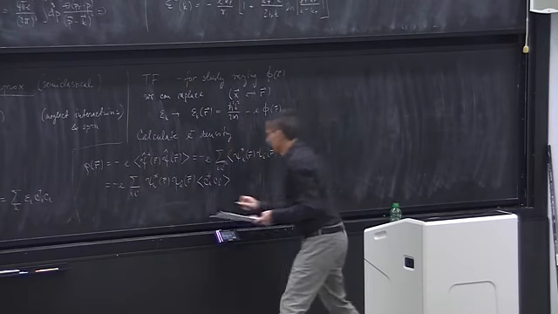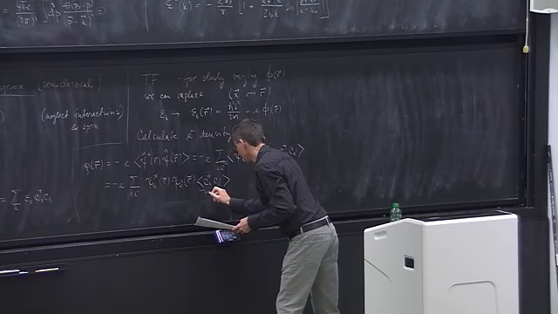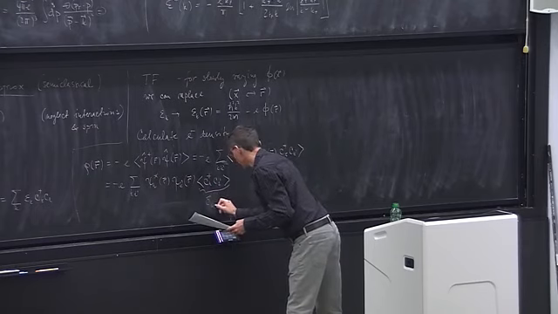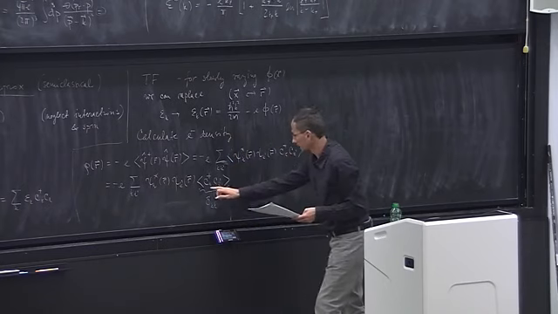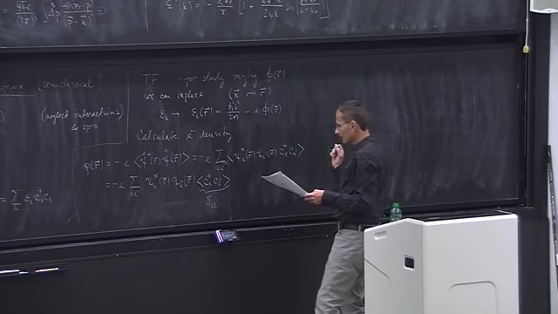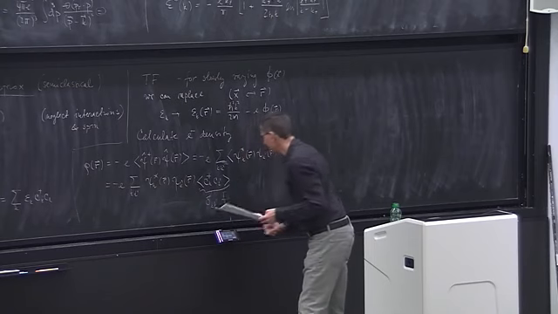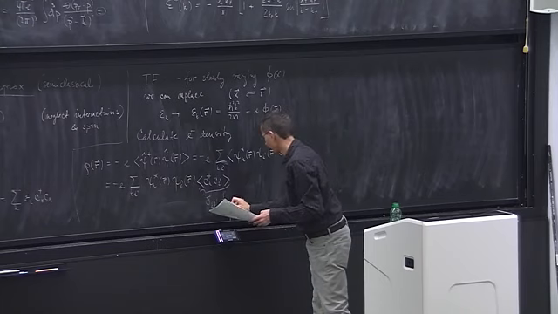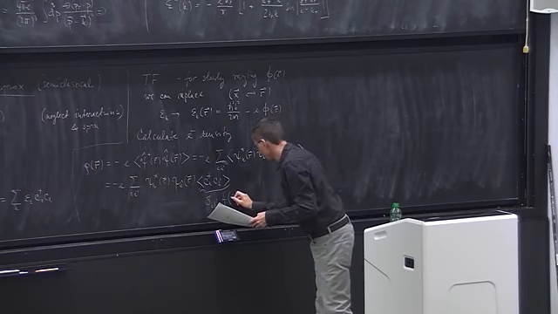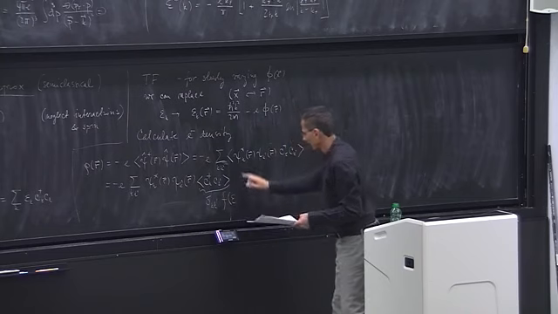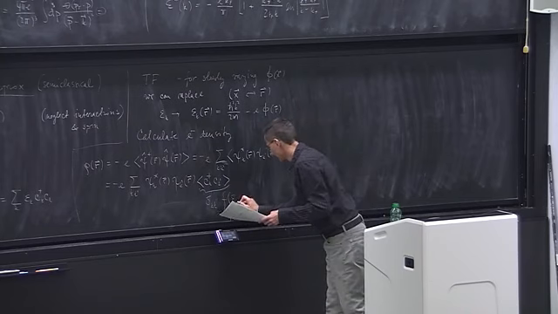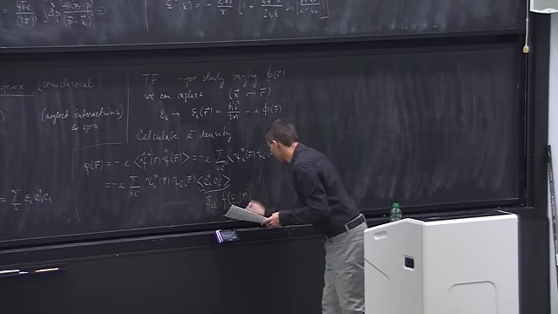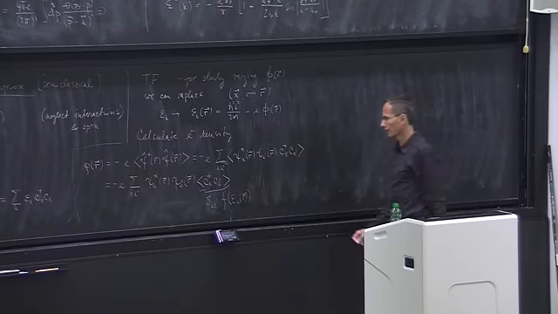Okay? We've had this already many times. This is only non-zero when k is equal to k prime. And let's be slightly more general here. Instead of working at T equals 0, the Thomas-Fermi approximation is usually formulated at non-zero temperature. So instead of a step function, I write here the Fermi-Dirac distribution function, which I call f.